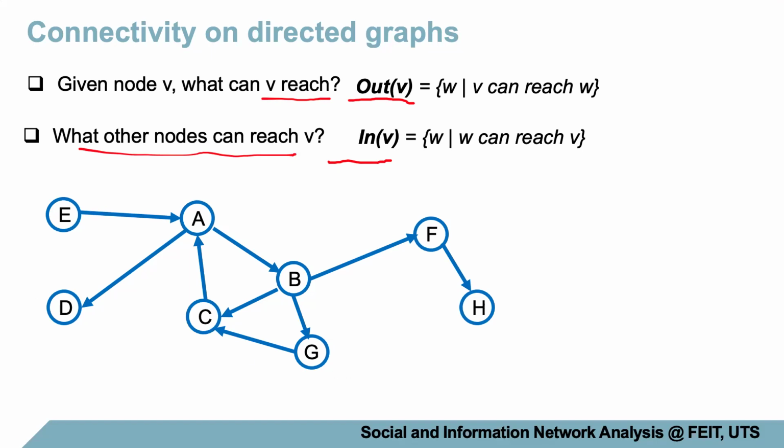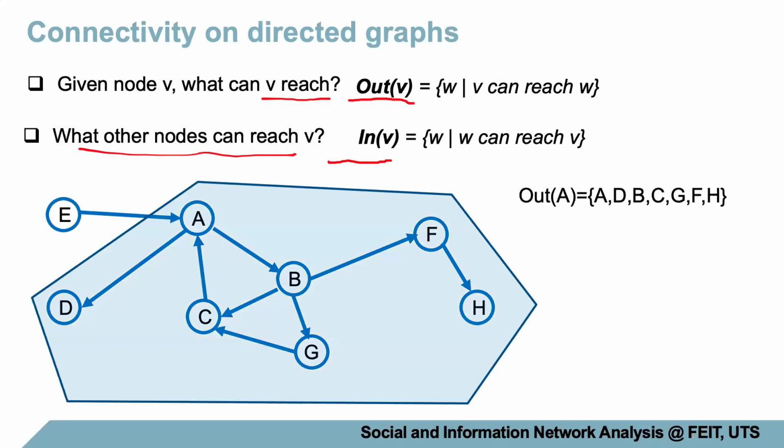Let's see an example here. For node A, the outset of A is like this. You can see A can go to D. So we have D here.